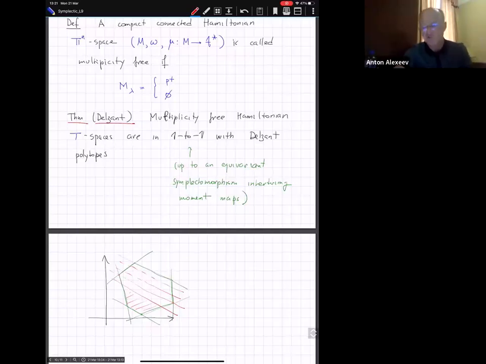Now again, what are the sides of the one-to-one correspondence? On the one side are polytopes with special properties. Basically, I think if you are given a polytope, you don't need further information. Of course, this polytope is inside T star, and here we identify T star as the dual of the Lie algebra of our torus.